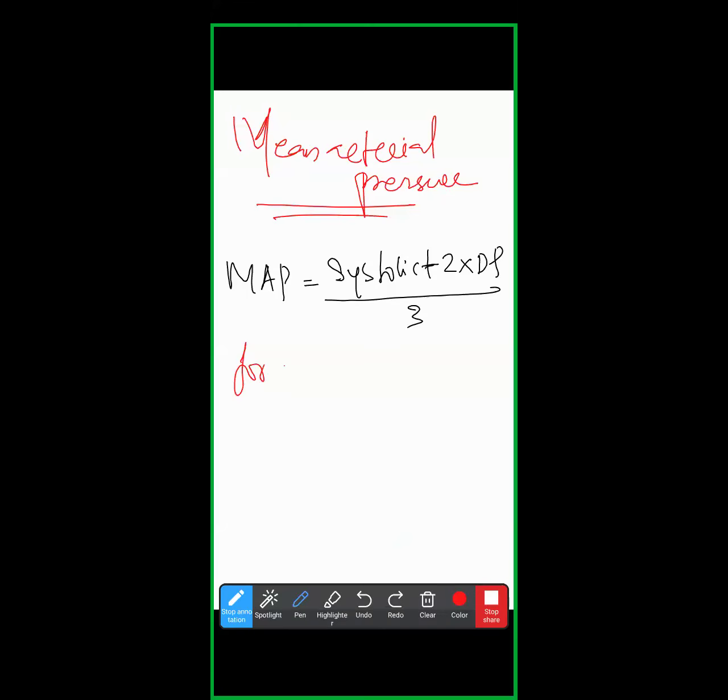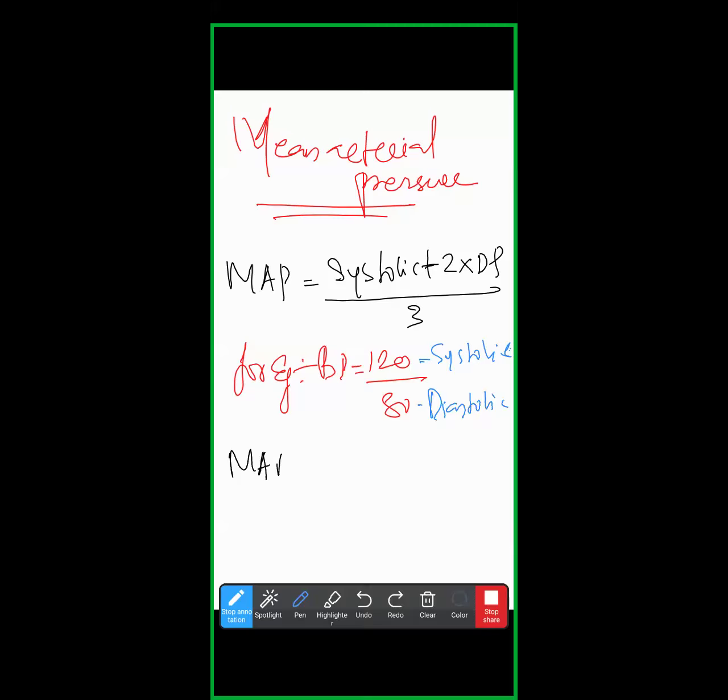For example, if BP is 120 by 80, here what is systolic and diastolic? Systolic is 120. Upper BP is systolic, isn't it? And lower BP is diastolic. Okay. So how to apply this formula?